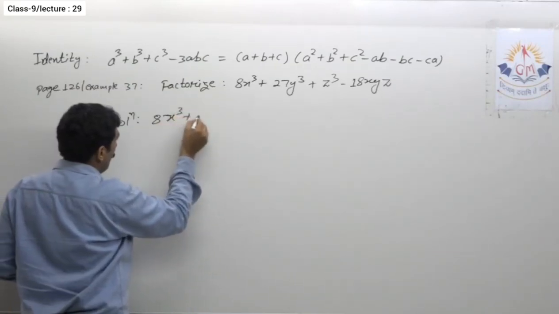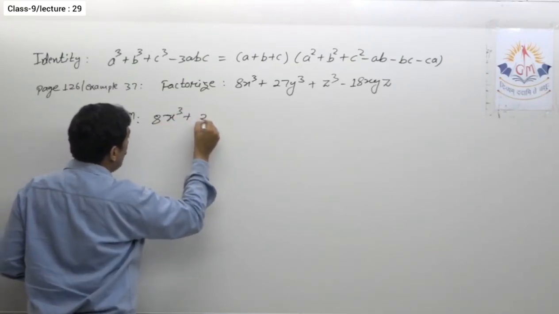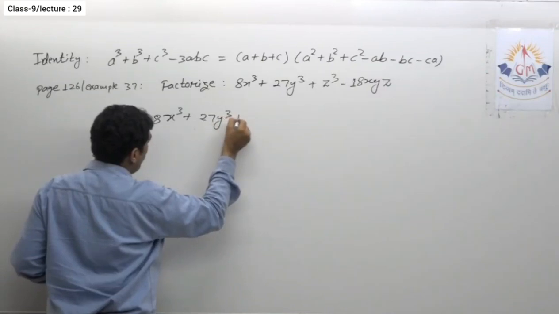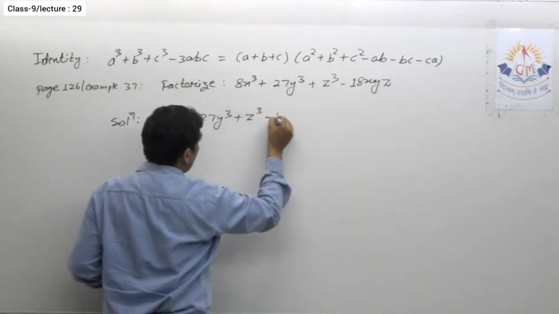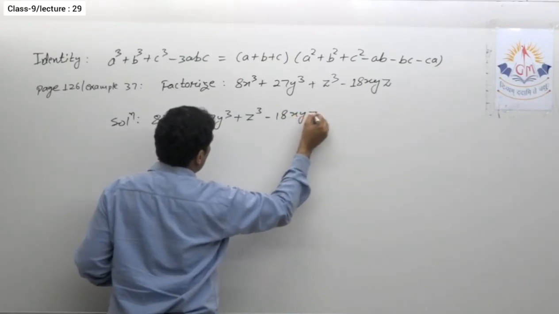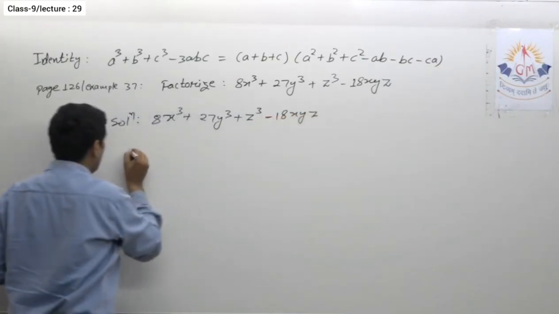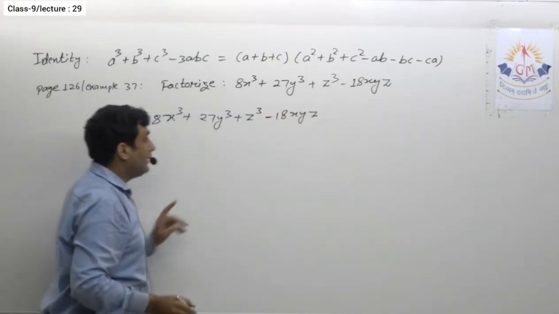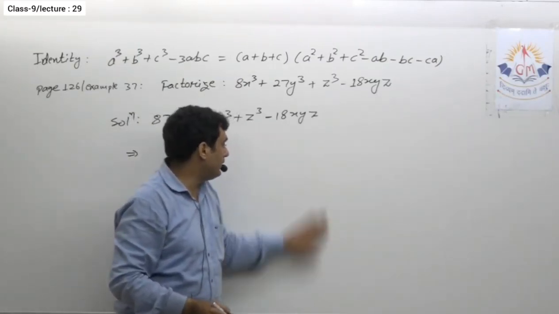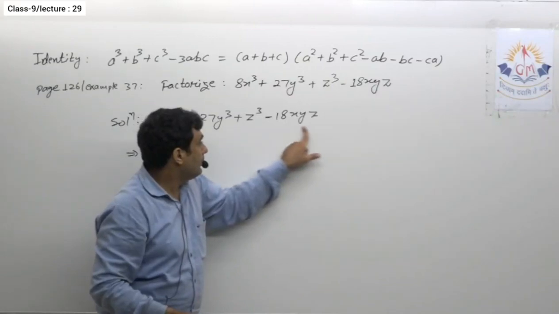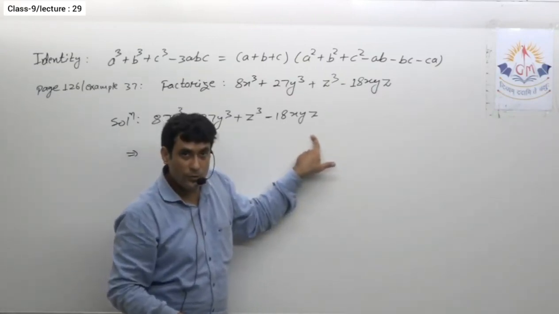Whenever I get a sum of three exact cubes, in that case I should remember this identity. So again, what I do is write the first three terms in the form of the identity, and the remaining term of the identity I write on my own, and then I check whether the term I wrote is the same as the term given in the question or not.